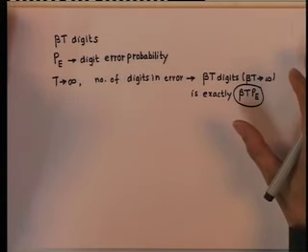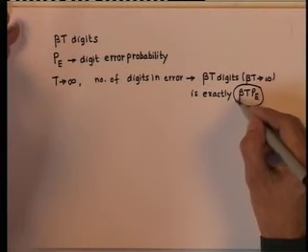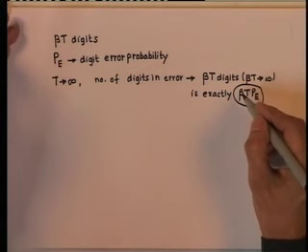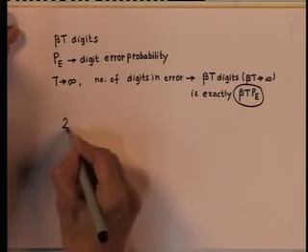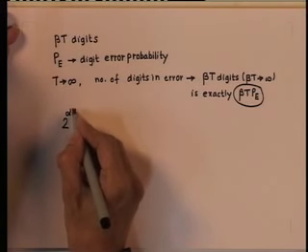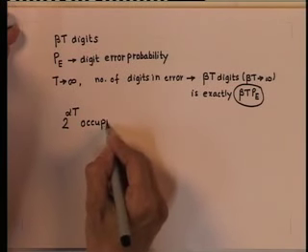Therefore, for error-free communication, we must leave all the vertices unoccupied within spheres of radius given by beta times T times Pe drawn around each of the 2 raised to alpha T occupied vertices.